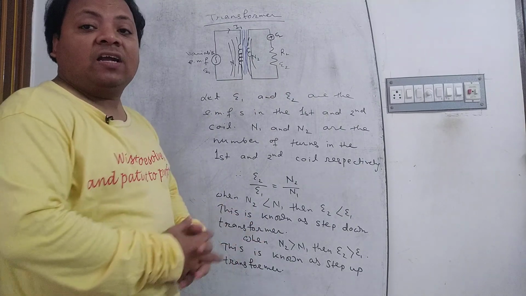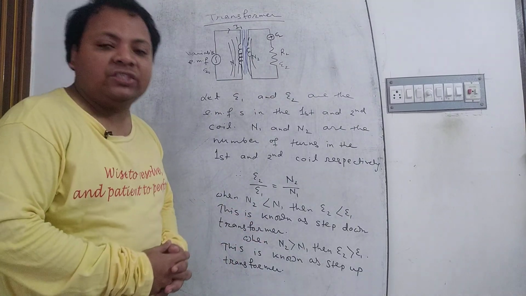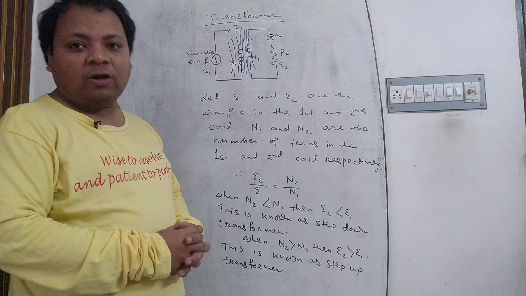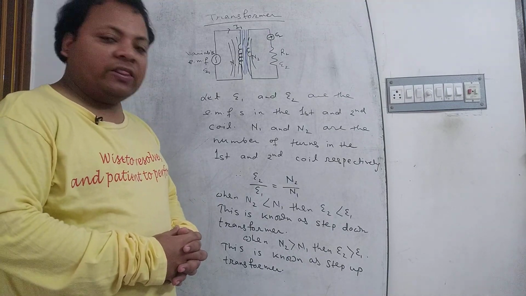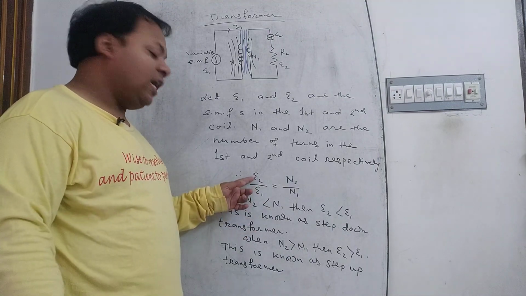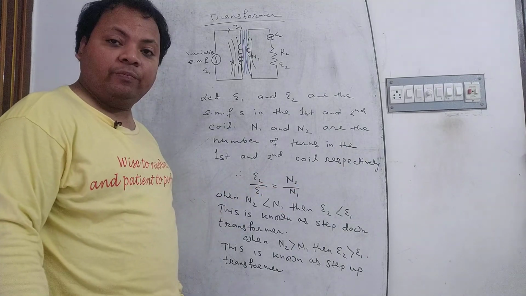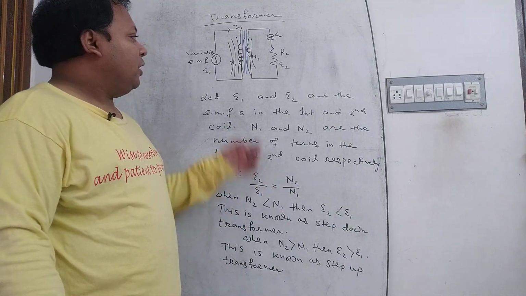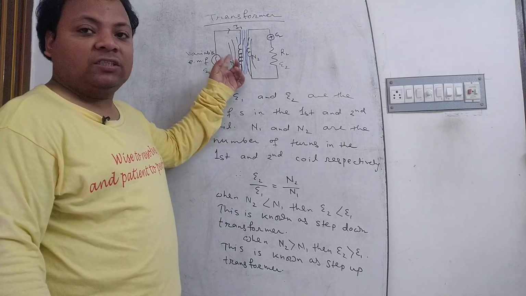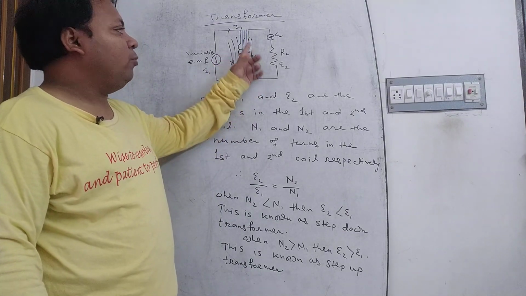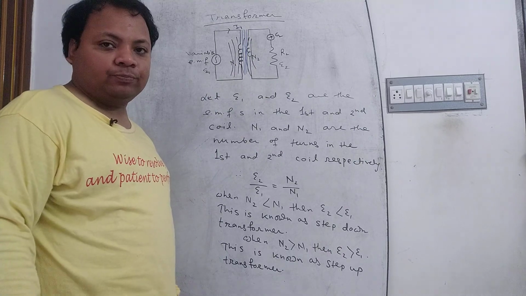You know that the induced EMF is directly proportional to the number of turns of the coil. That's why we can write that epsilon 2 by epsilon 1 is equal to N2 by N1. Here N1 is the number of turns in the first coil and N2 is the number of turns in the second coil.